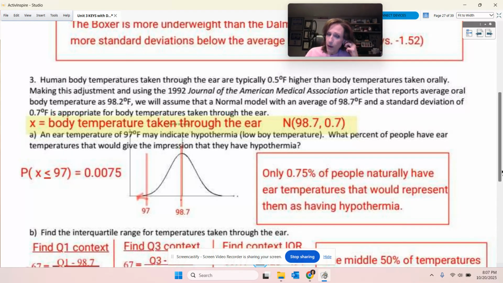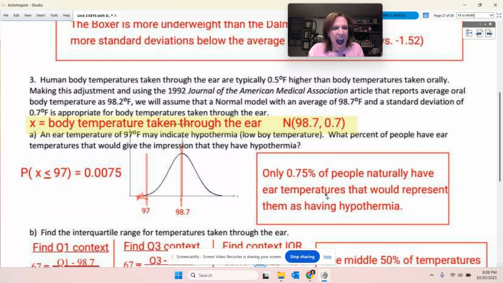When it was taken with the ear, it's typically half a degree higher than with the mouth, and the average mouth temperature is 98.2. So they're saying, let's say the ear temperature is 98.7 with a standard deviation of 0.7.